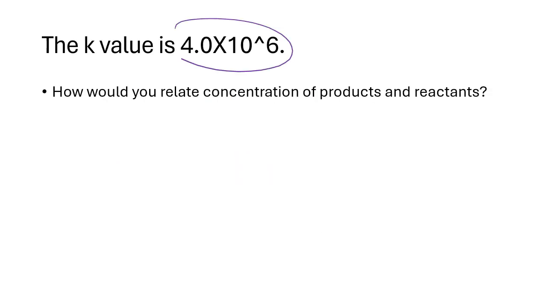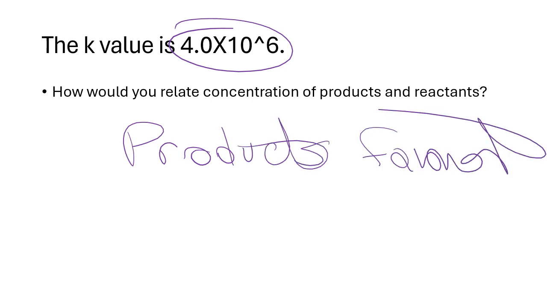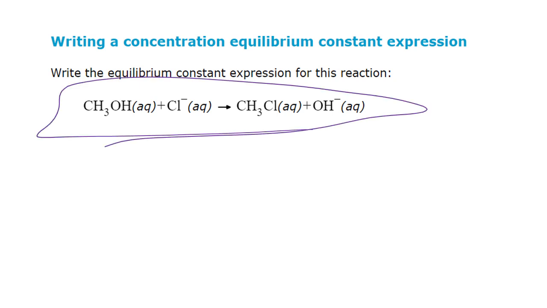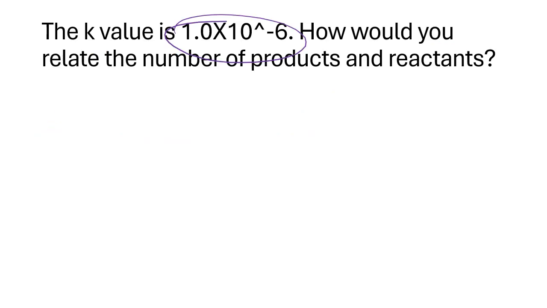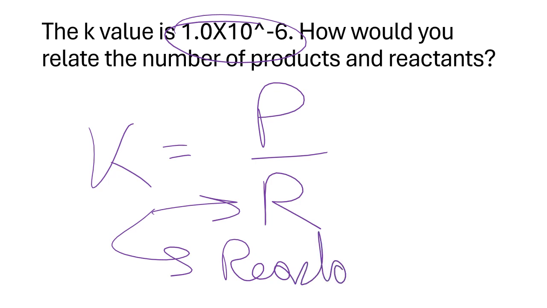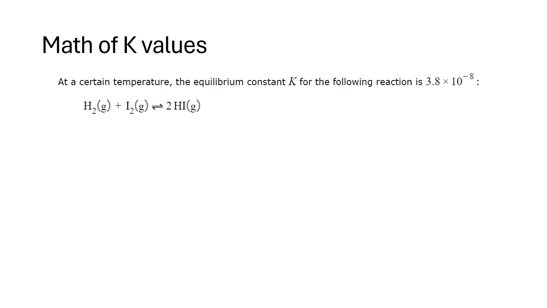And if we have a huge K, products are favored. This one just has 1, so there's not going to be any superscript. Here, if K is very small, I always just write P over R. We know this number has to be big, so reactants are favored. And the math of K we just talked about.